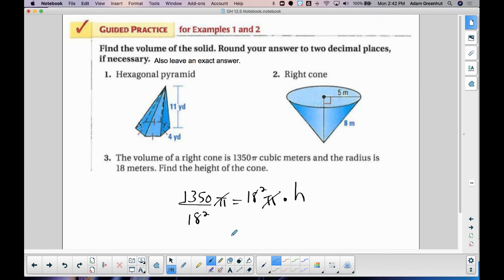I'm getting approximately 4. Well, my exact answer would be, 18 squared is 324.